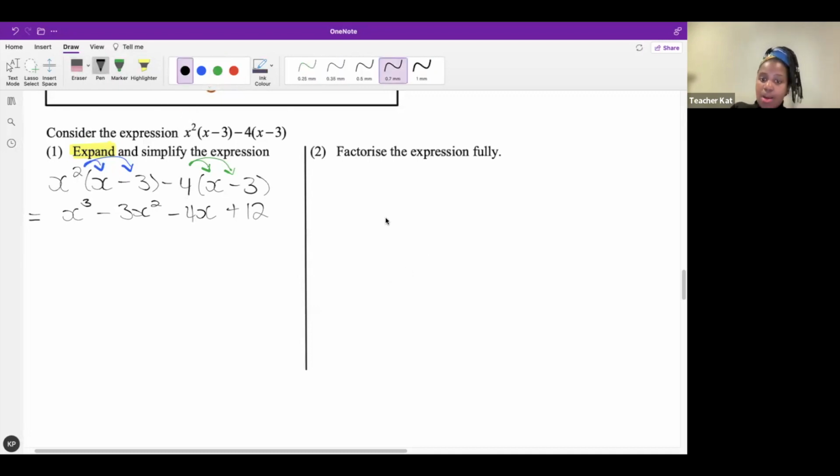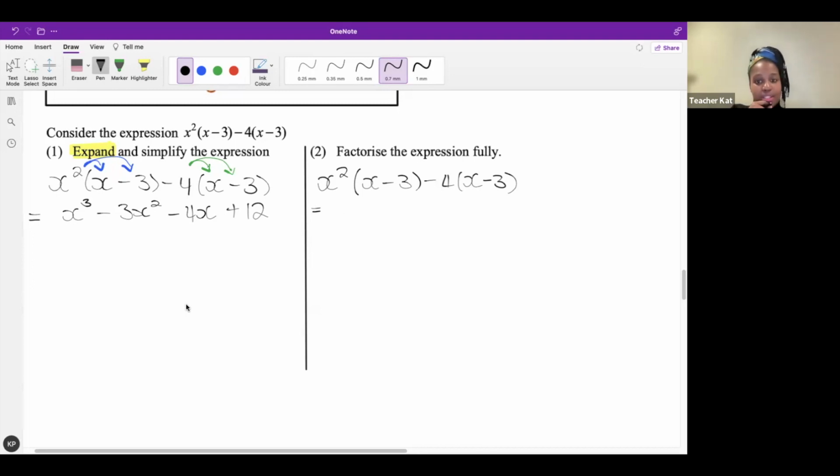That's when you know you have done the wrong thing. The second one, however, is telling us to factorize. This is minus 4 times x minus 3. Great. What is the first thing we look out for when we are factorizing? First thing we look out for is a common factor.